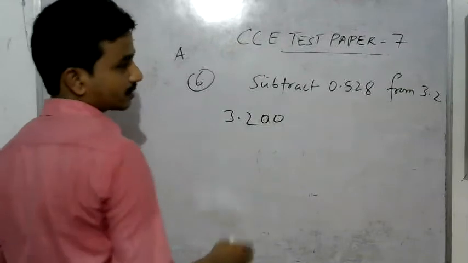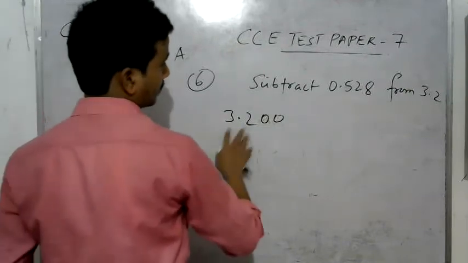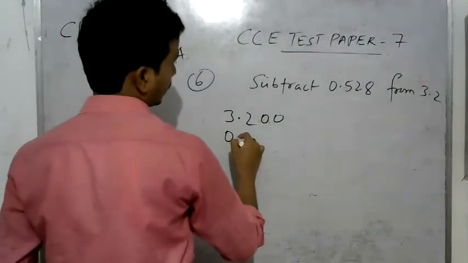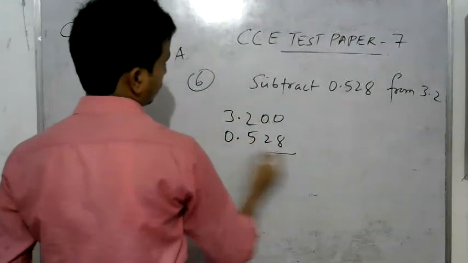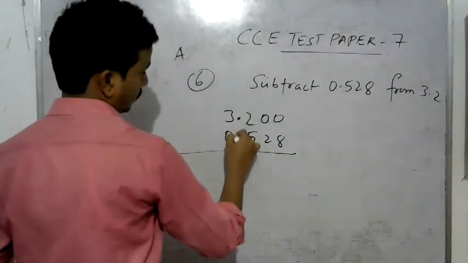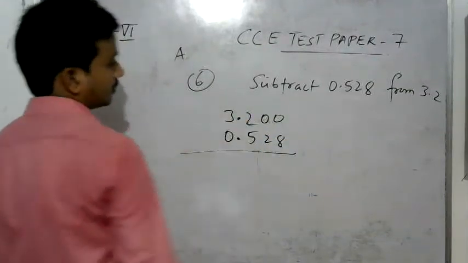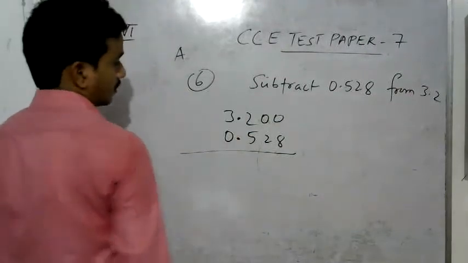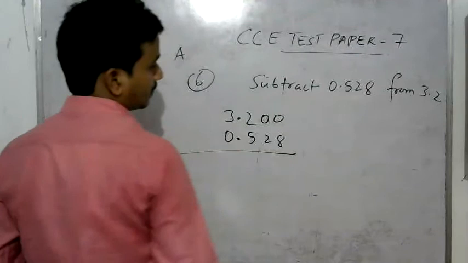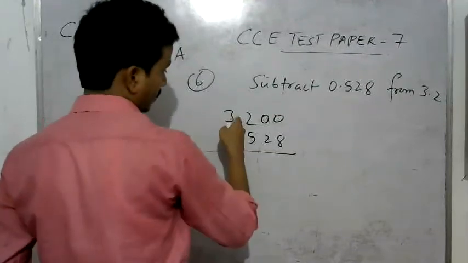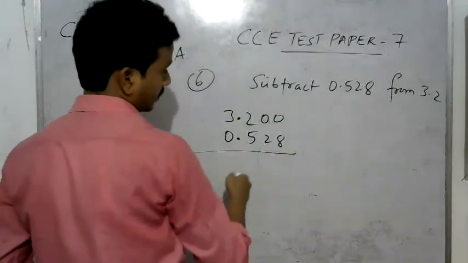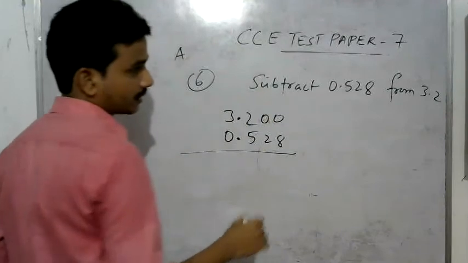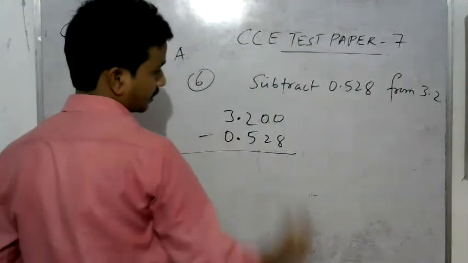So first step will be lining up the decimal. From this, you have to subtract 0.528. So the decimal point should be aligned in the same direction. So first of all, lining up the decimal point on the same line. The lining of the decimal is very important, and after that we will now subtract it.